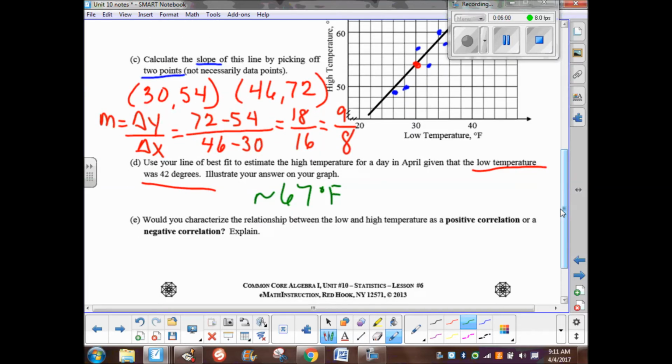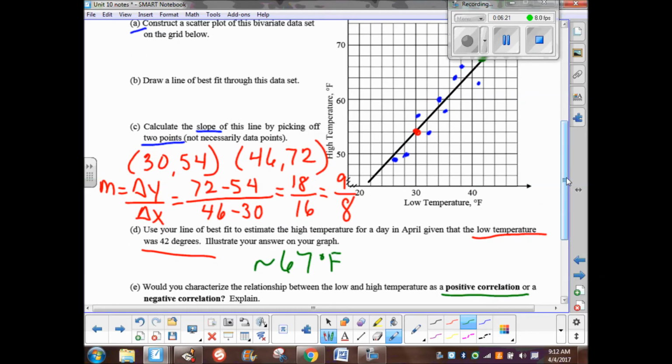Now it says, would you characterize the relationship between the low and the high temperature as a positive correlation or a negative correlation? Meaning, as one goes up the other goes up, or negative correlation, as one goes up the other goes down. Thinking about high and low temperatures, looking at the graph, thinking about your background knowledge, is it positive or negative? It's positive, right?